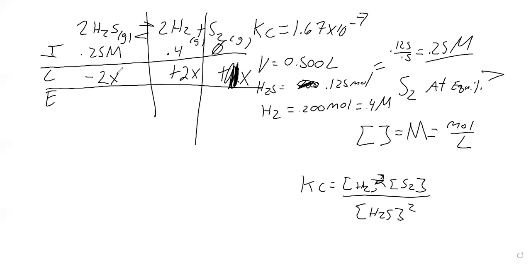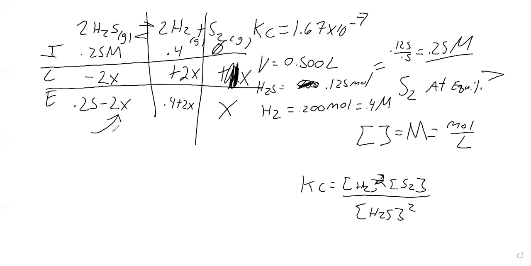So one side of the arrow is always negative. Every single molecule will be negative x in the change column, and the other side of the arrow will be positive x, right? So at equilibrium, I have 0.25 minus 2x, 0.4 plus 2x, and then just simply x.